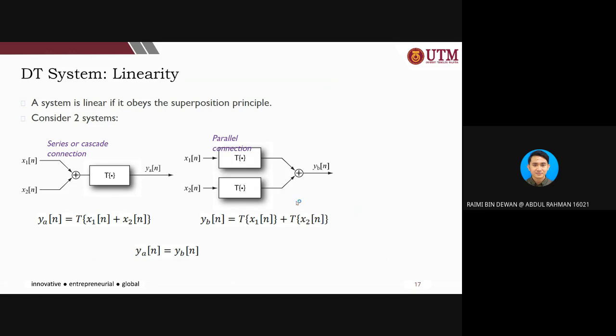The system is linear if y_a and y_b are the same. Whether you have this in series or parallel, the system is linear if it obeys these principles.